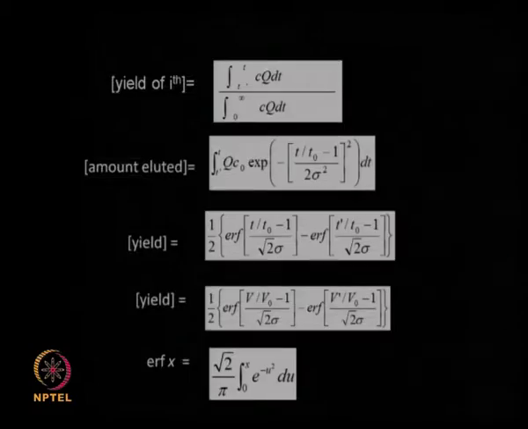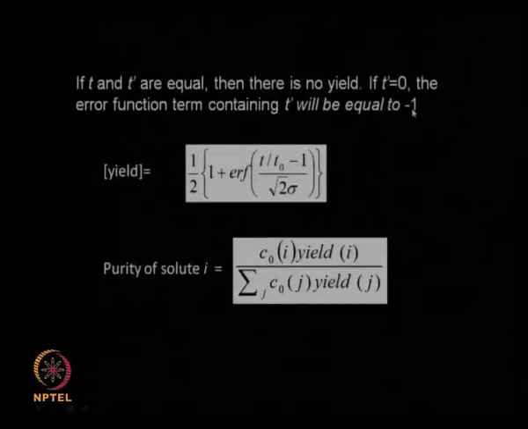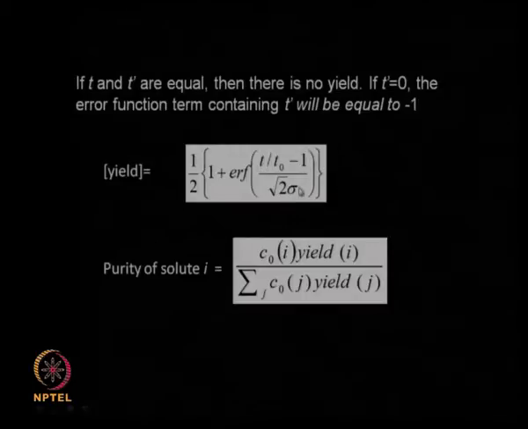So that particular term, when you put T' as 0, okay, will be equal to minus 1. So yield will become half of 1 plus erf((T/T0 − 1)/(√2 σ)). That means if I am collecting from a time t equal to 0 to a time t, and if T0 is the time at which you see the maximum concentration, then yield will be given by this particular relation, okay.